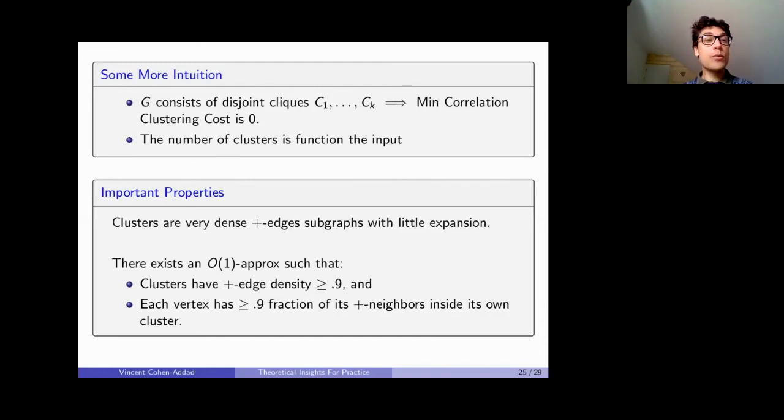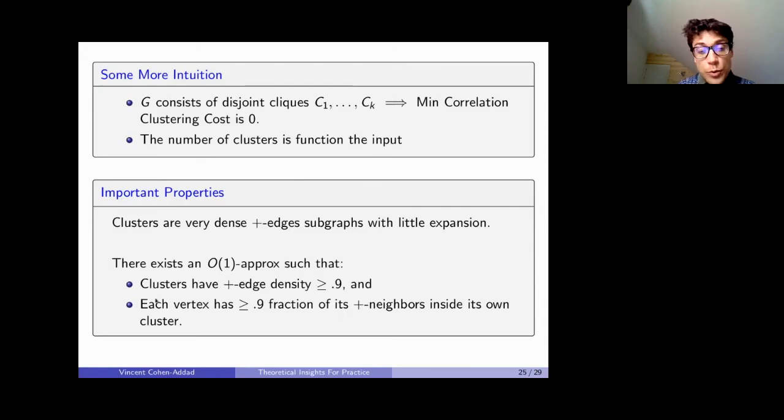The cost increase is the number of plus edges, but that's at most 10 times higher than what I was paying before. So if a cluster is not super dense, I might as well just discard it and make everyone singleton.